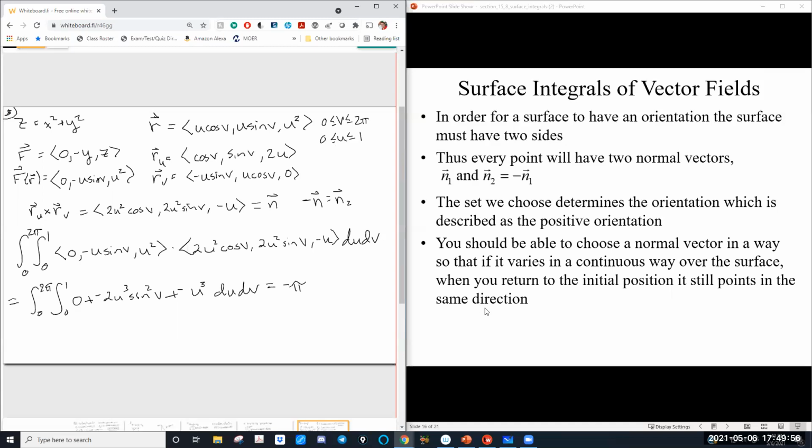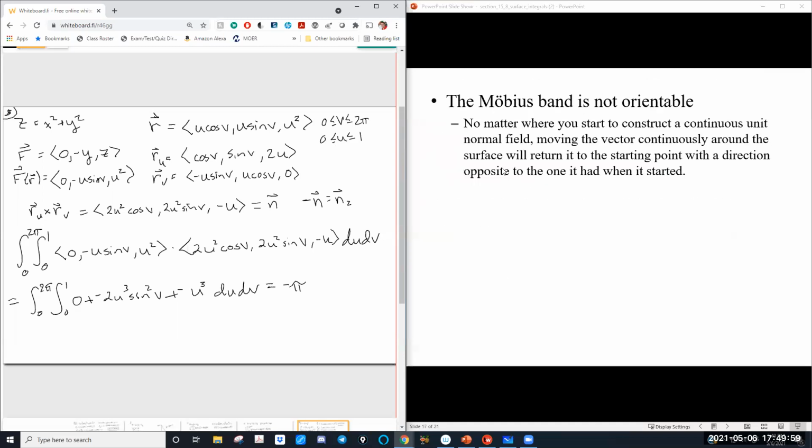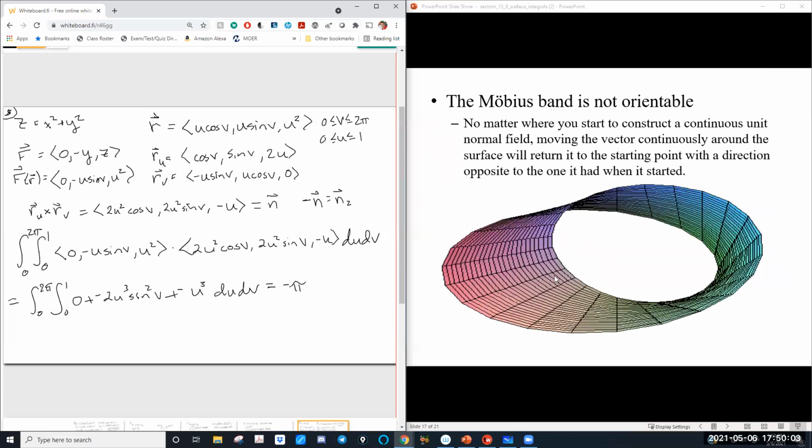So you can kind of see where this breaks down. We can look at the Mobius band. It's not orientable because if I pick an outward normal vector at one spot and then follow the surface around, so if we picked a normal vector going upwards, and then we travel around the surface, right?